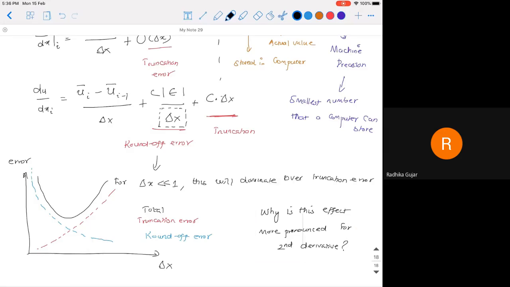This is what we mean by first order approximation, delta x to the power 1. So truncation error reduces linearly with mesh spacing for this particular scheme because this is a first order scheme. But the round-off error has a 1 over delta x term. For very small magnitudes of delta x, round-off error dominates truncation error, so you can see the curve here. The blue one represents round-off error, which is very large for small mesh spacing, and its magnitude reduces as delta x increases. Truncation error has the opposite behavior.